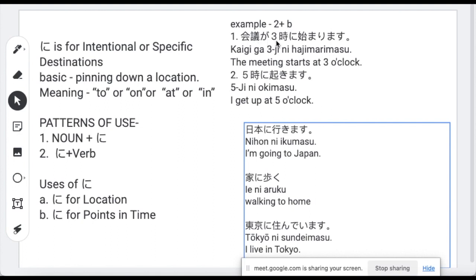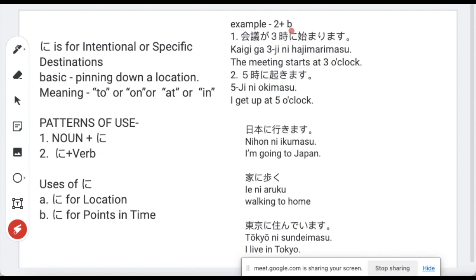Kaigi ga sanji ni hajimarimasu. Kaigi means meeting. Okay, sanji ni. This is ni, and hajimarimasu is a verb. So this is a combination of ni and verb, and this is defining the time.